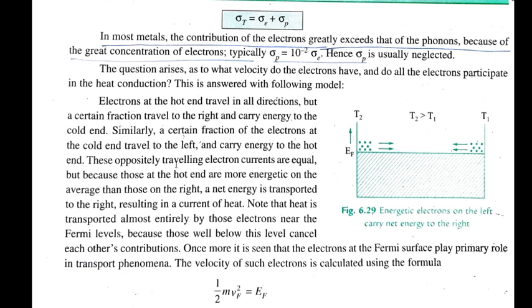These oppositely traveling electron currents are equal, but because those at the hot end are a little bit more energized on average than those on the right-hand side, a net energy is transported towards the right.